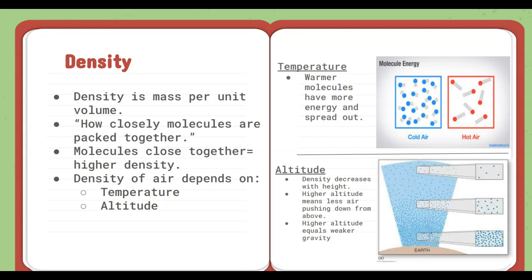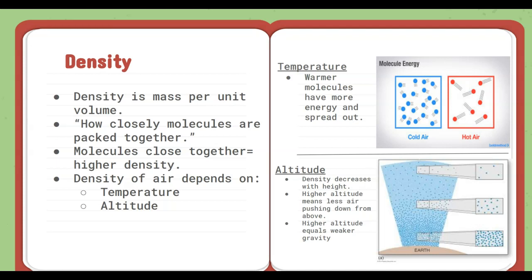The second thing that determines the density of air in our atmosphere is altitude, or height above sea level. So density decreases with height. The higher you go up in Earth's atmosphere, the less dense the air molecules are going to be, the more spread out they're going to be. You can look at the picture, which is a great visualization. You can see towards the surface of Earth, there's a lot of little dots.